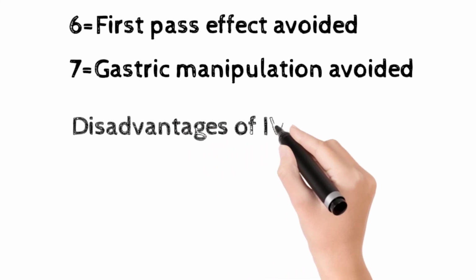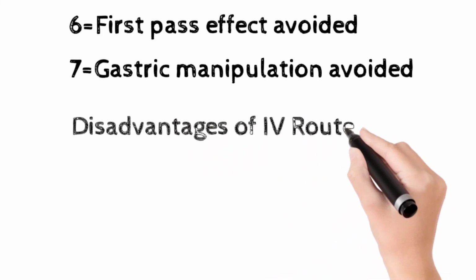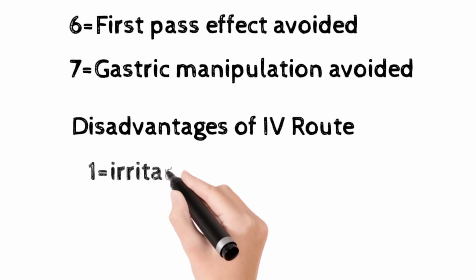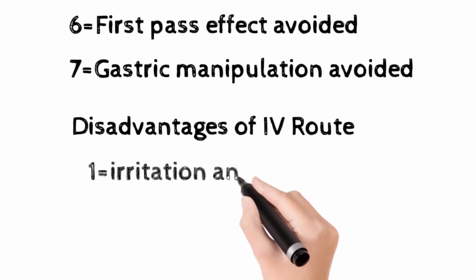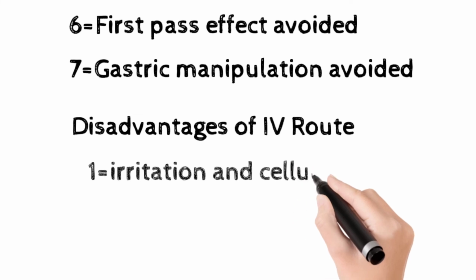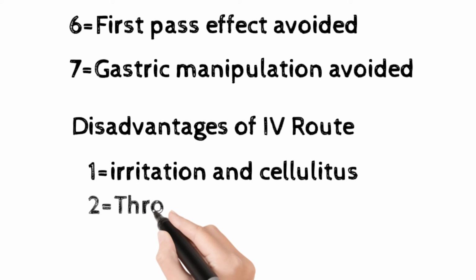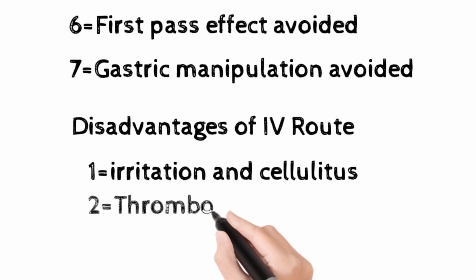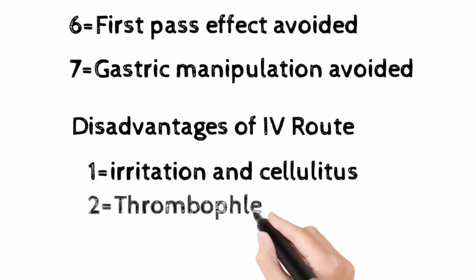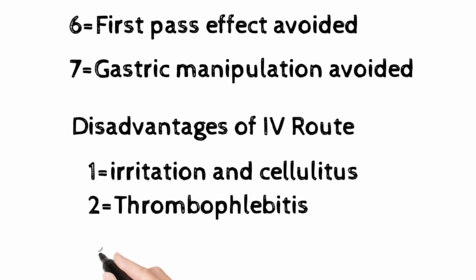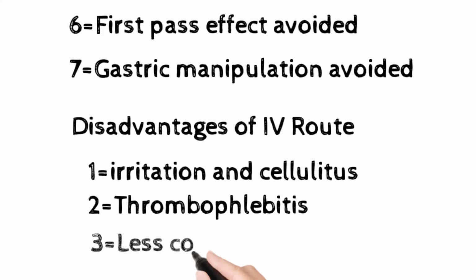Now come to the disadvantages of the IV route. Number 1 is irritation and cellulitis. Cellulitis is a superficial skin infection caused by bacteria. Here the IV route can cause cellulitis and irritation. Number 2, thrombophlebitis. What is thrombophlebitis? It is a blockage of a vein due to a clot.